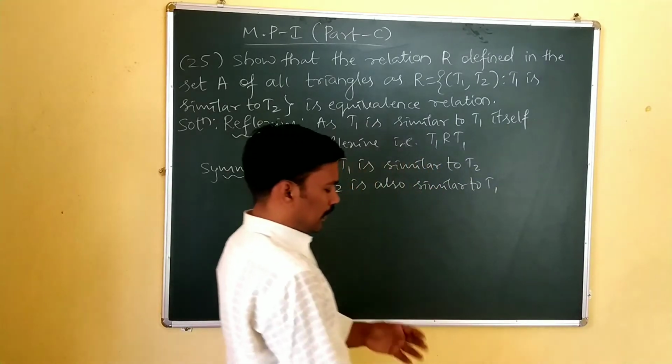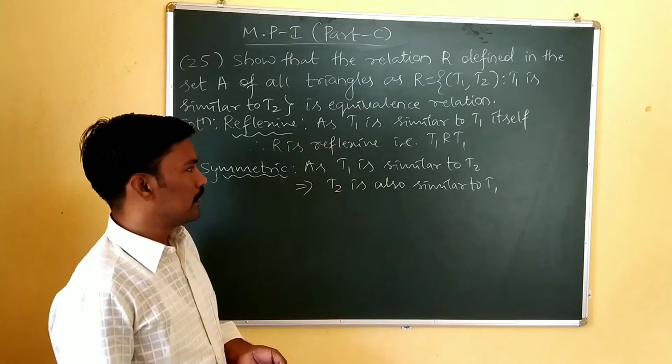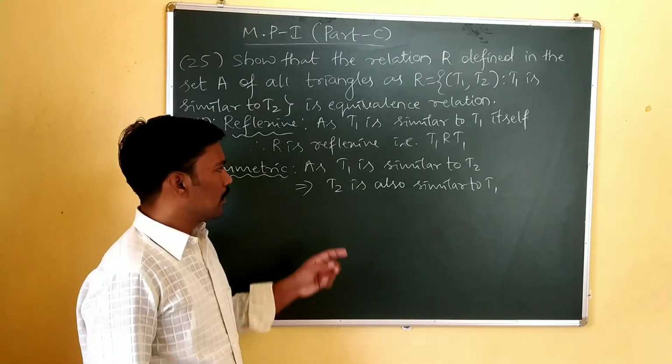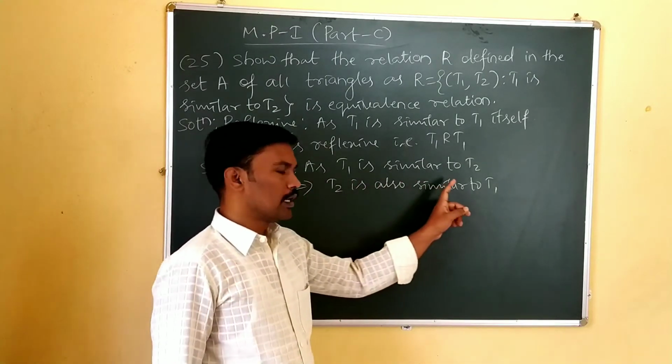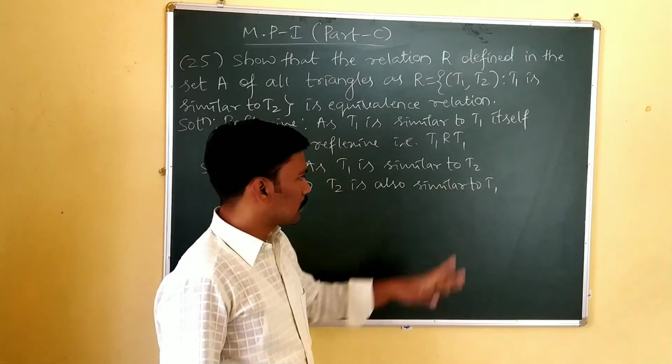If I take two triangles, say T1 and T2, and both are similar, if T1 is similar to T2, which implies that T2 is also similar to T1.